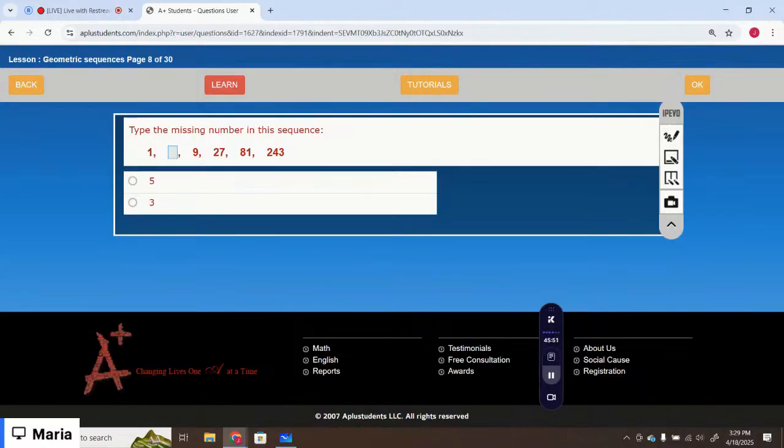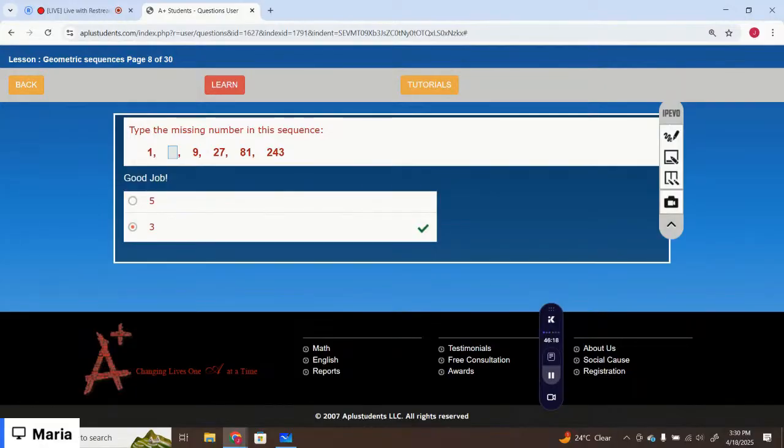Type the missing number in the sequence. That is 1, 3, 9, 27, 81, and 243. The missing number is 3.